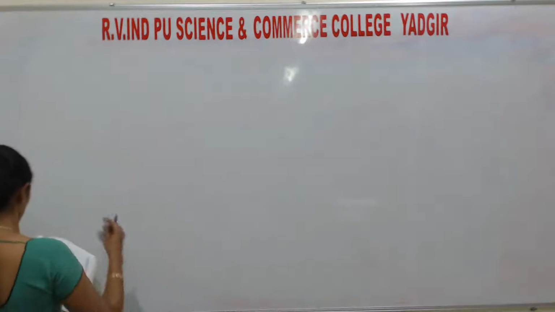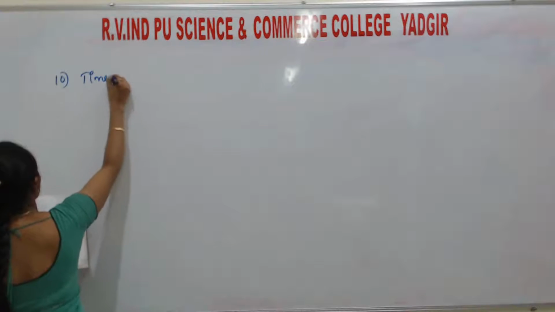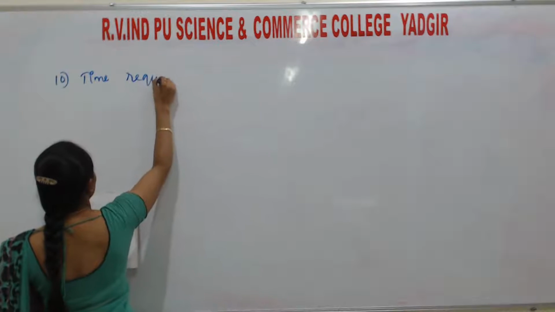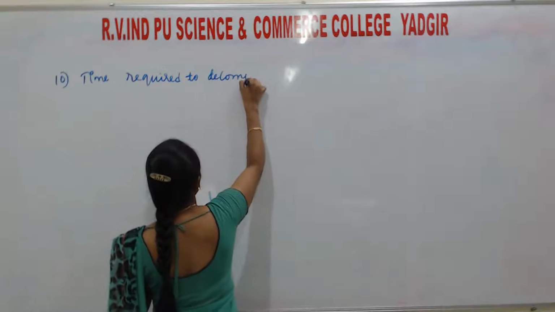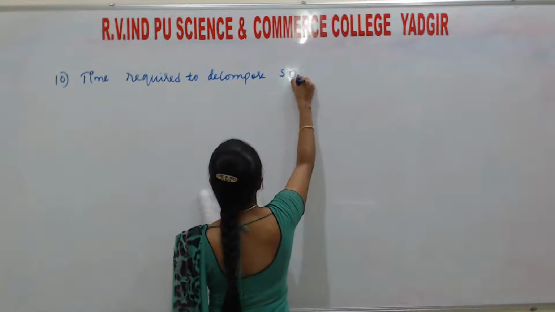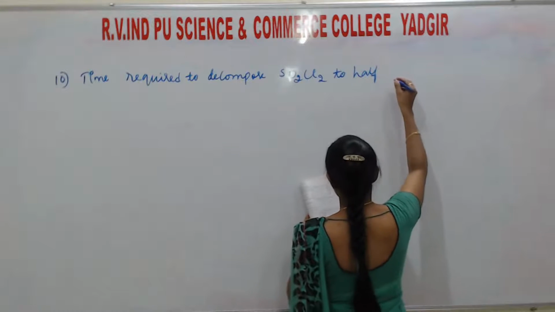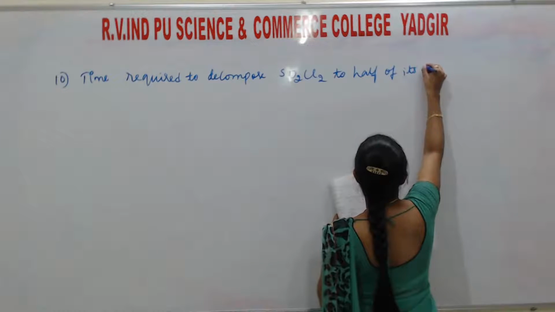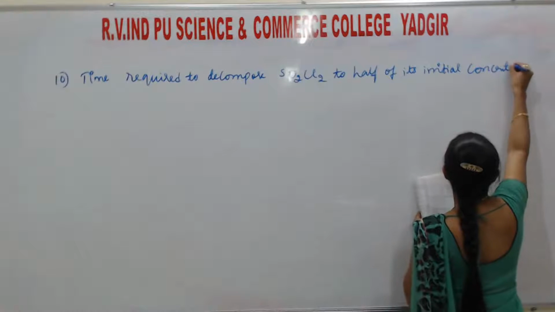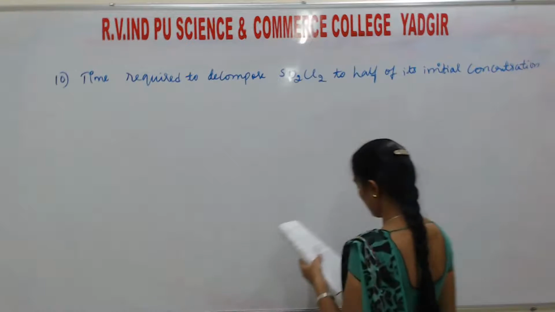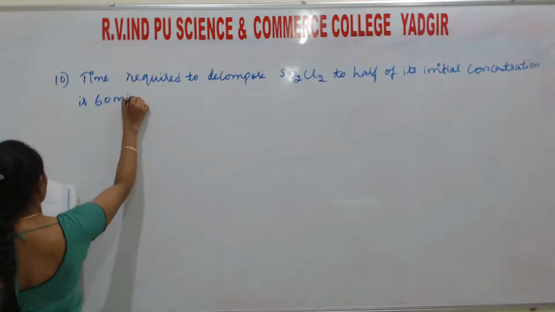Next one is: time required to decompose SO2Cl2 to half of its initial concentration is 60 minutes.